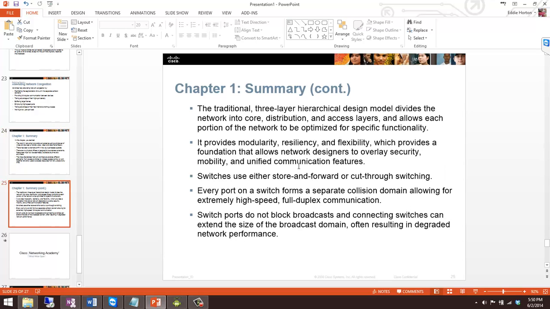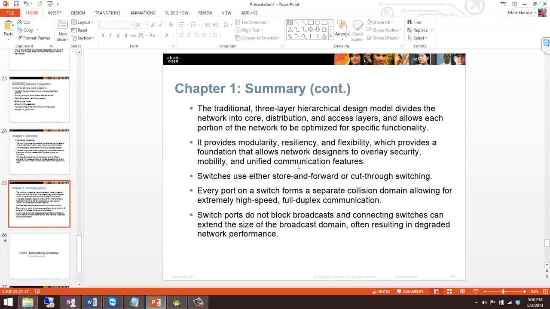We talked about the three-layer hierarchical design to divide up a network. We talked about switches, specifically switches that use store and forward or cut through. Make sure you understand the differences on those. When you get into chapter 1 on the actual CISCO module, you'll see that there are a few questions on them.